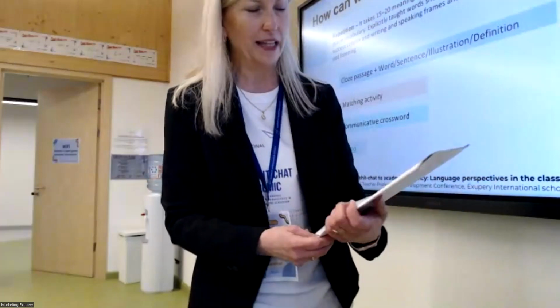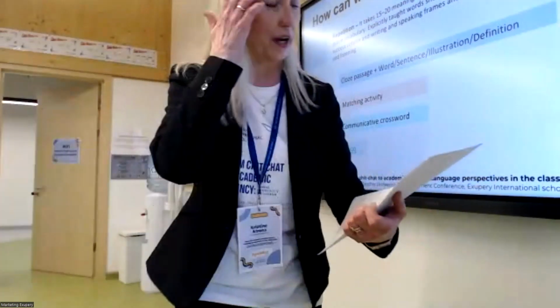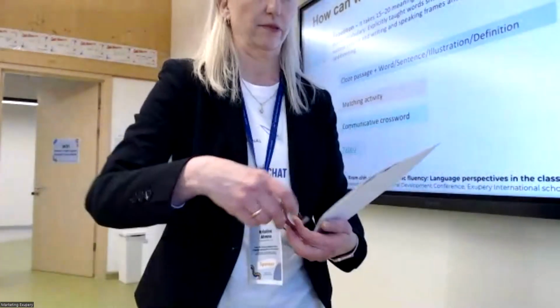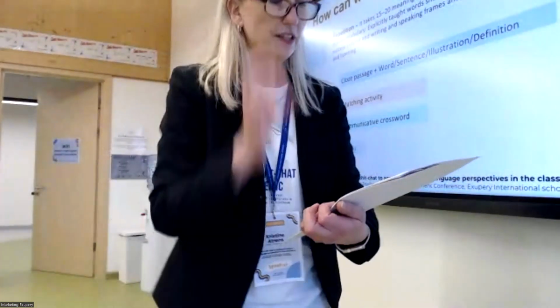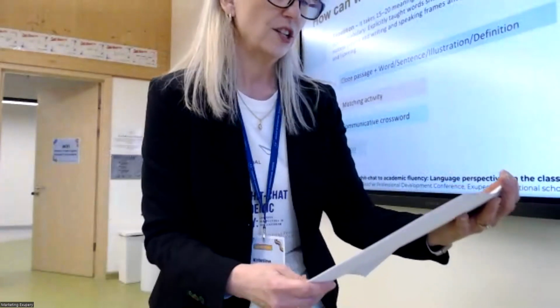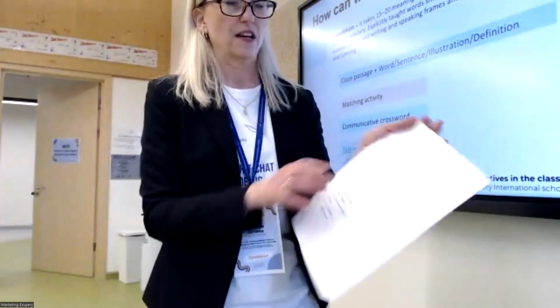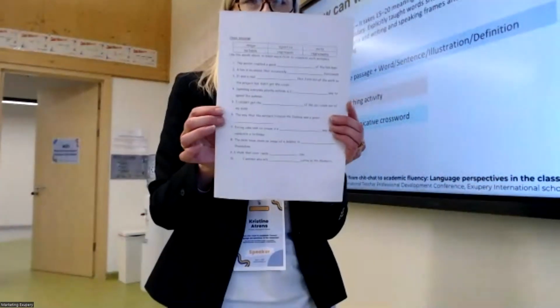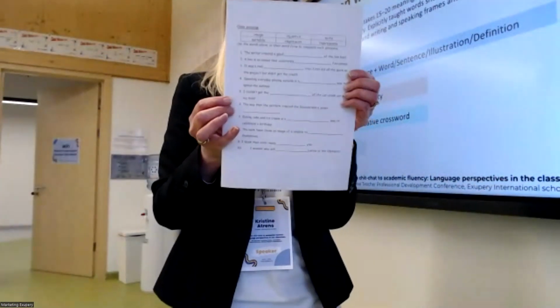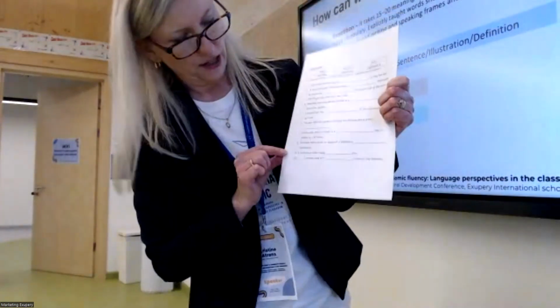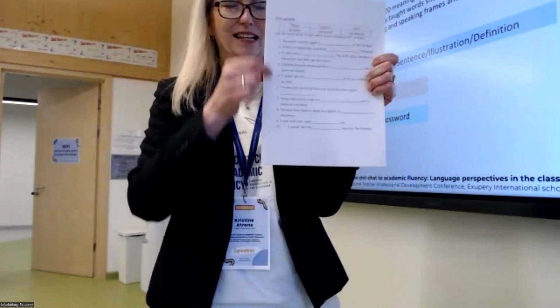Now, I haven't explained this activity, they're just working away at the moment. But for example, the first one is: the writer creates a good image of the lion hunt. And you would have to choose from those words.